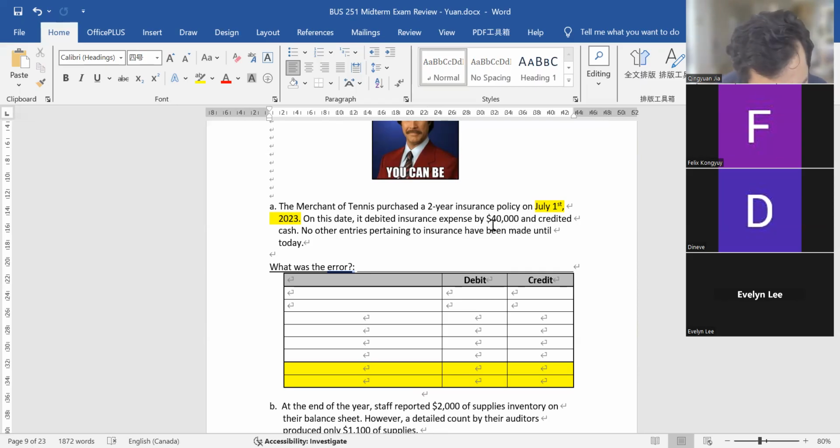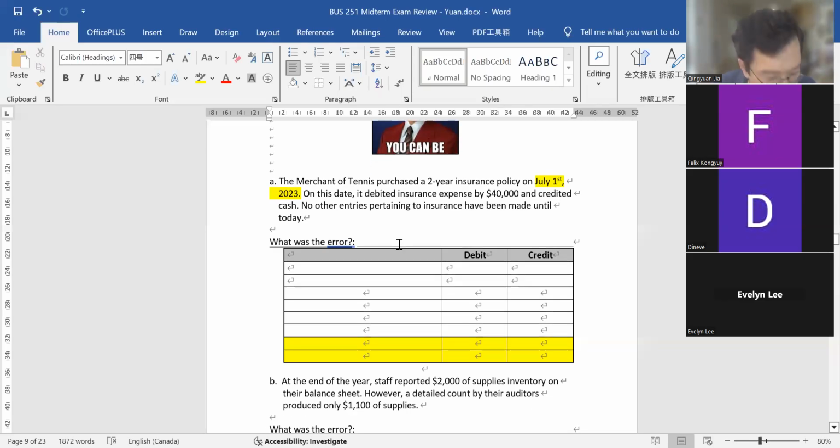So they made a mistake actually. On July 1st, when they first paid this amount, they were paying something for the future. So they should have debited prepaid insurance, right? If they debit insurance expenses, they are actually paying something for the past, but this is for the future. So they made a mistake and we need to correct this error. So what is the error?